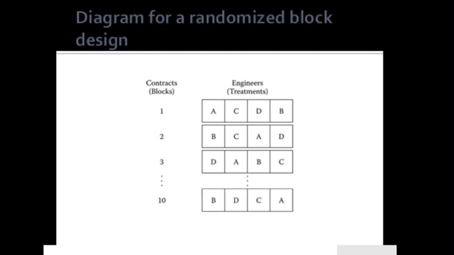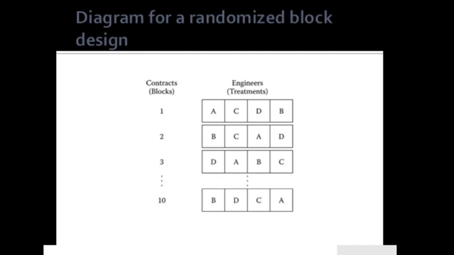Okay, so this definitely is a better design compared to a completely randomized design. If we had just randomly assigned these contracts to these 4 engineers, or to keep the same number, let's say we started with 12 contracts and we randomly gave each one of the engineers 3 contracts, then maybe person A got 3 easy ones, versus person D who got all three which took more time.